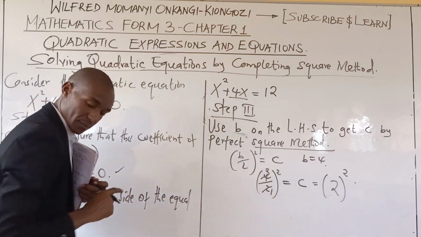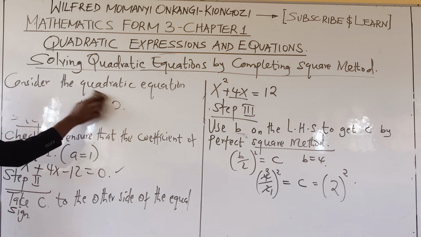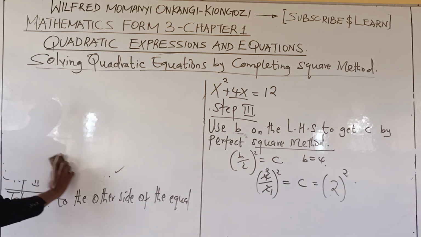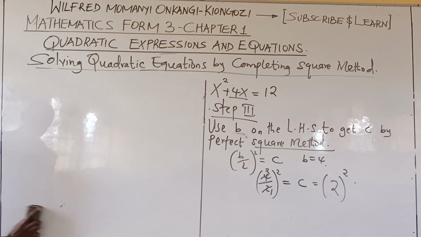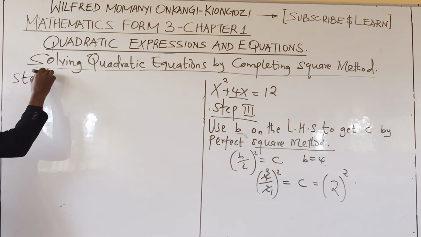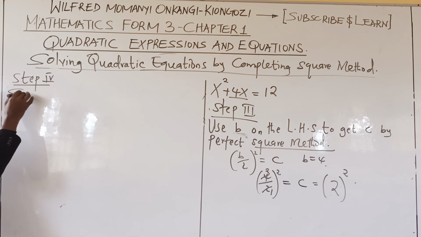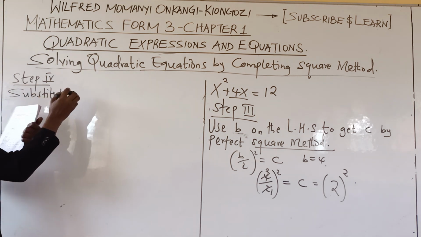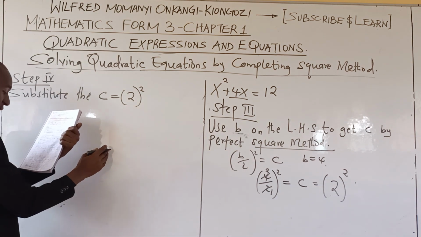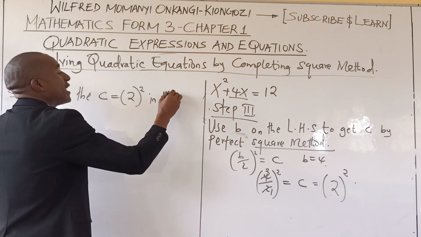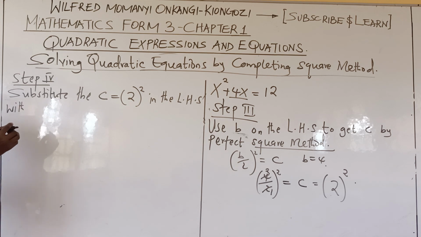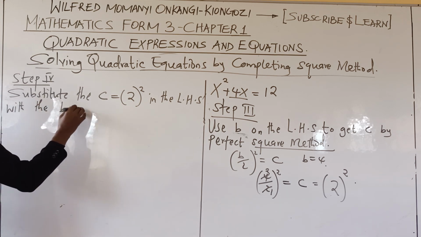Step 4. We now have the C. Substitute the C, which is 2 power 2 or 2 squared, in the left-hand side in place of the B part.